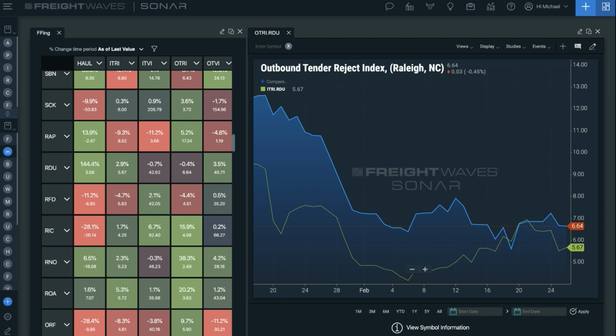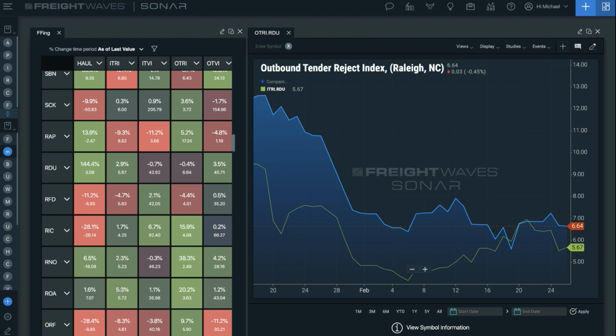Again, interesting. Outbound tender rejects are still above inbound tender rejects. So it is not a tightening capacity yet, but you see that there is this closing a little bit right here.